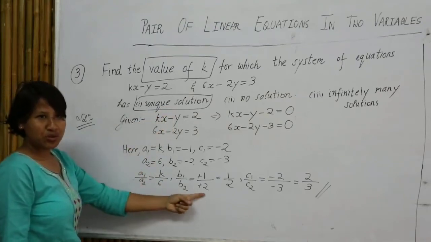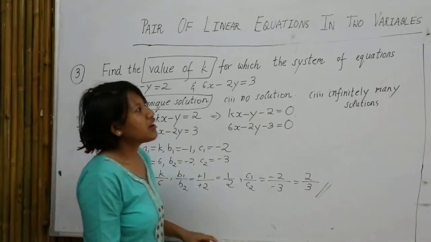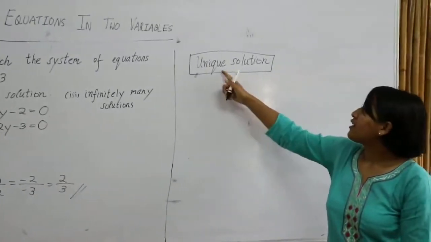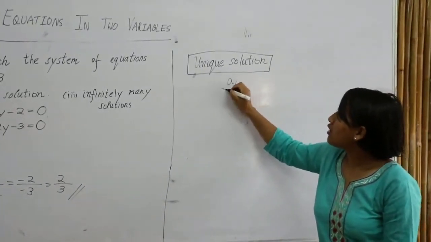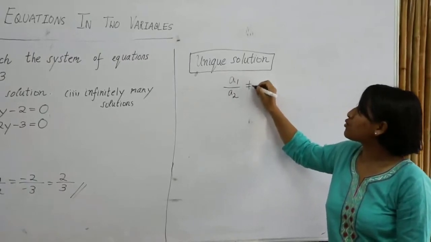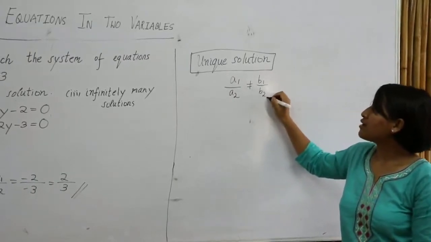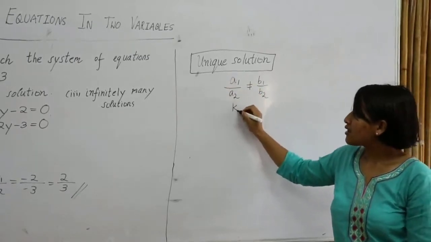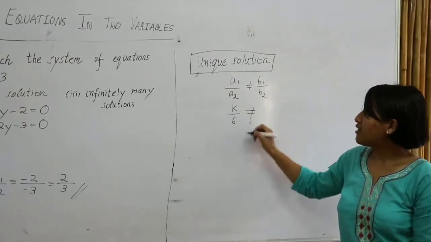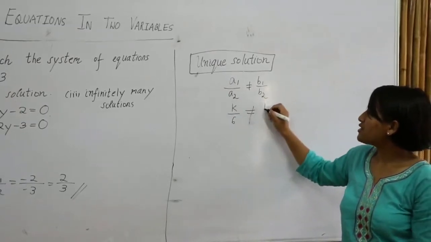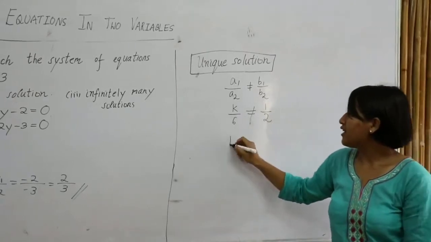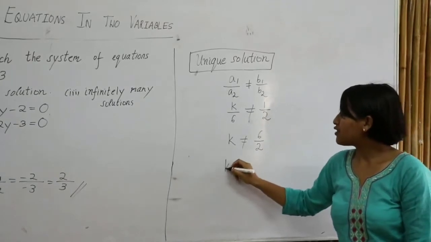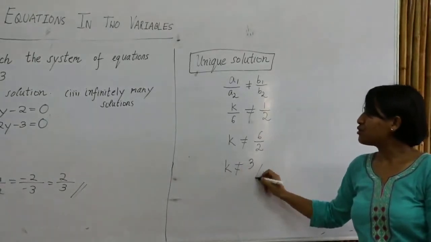This and this, they are not equal. So for the condition where they have a unique solution, A1 by A2 should not be equal to B1 by B2. Substitute: A1 by A2 is k by 6, and B1 by B2 is half. Then carry 6 to this side, you get k not equal to 3.